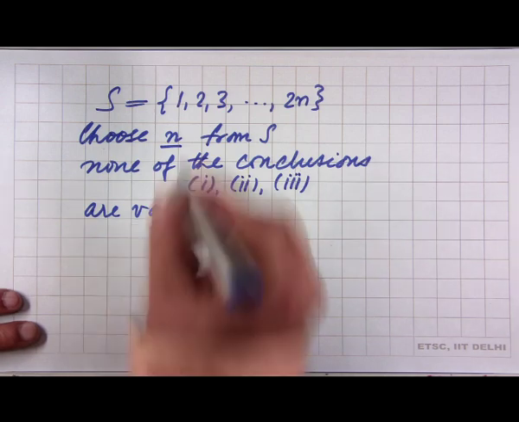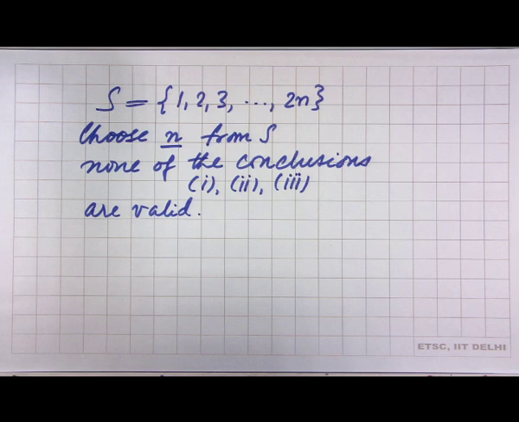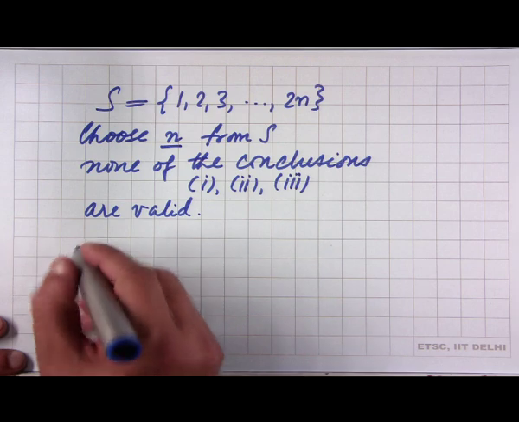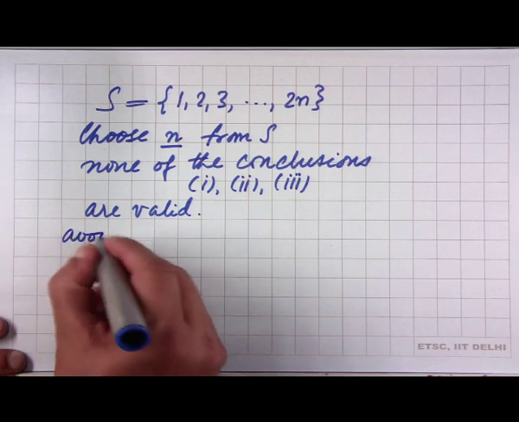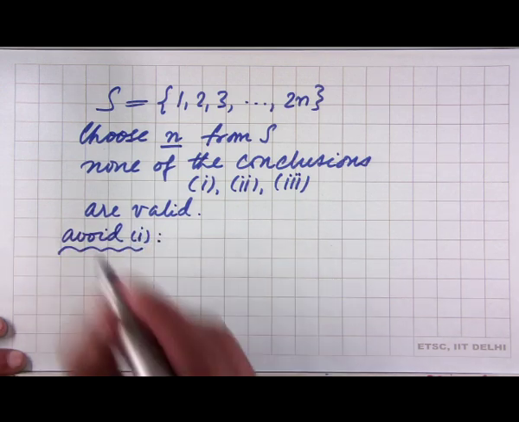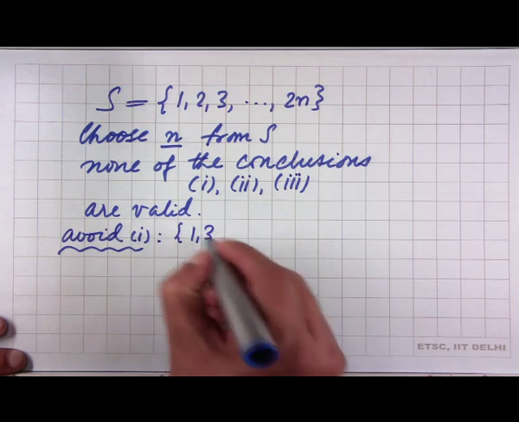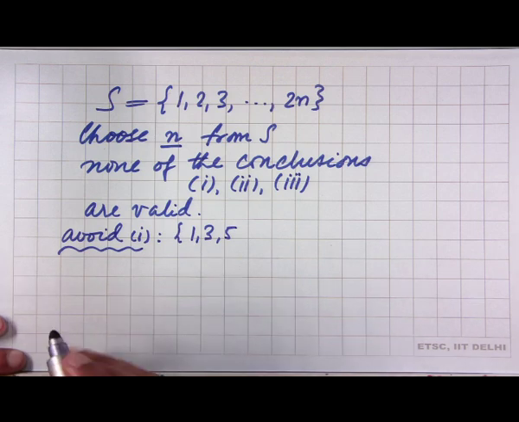So far as the numbers 1 to 2n are concerned, you choose any n of them, and you have to prove that 2 have to be consecutive. Well, you want to avoid consecutive integers. There's actually 2 ways of doing it, and that's fairly straightforward. Your gut feeling, you start with 1, you want to avoid the second one, so you then take 3, and you miss out every other one.